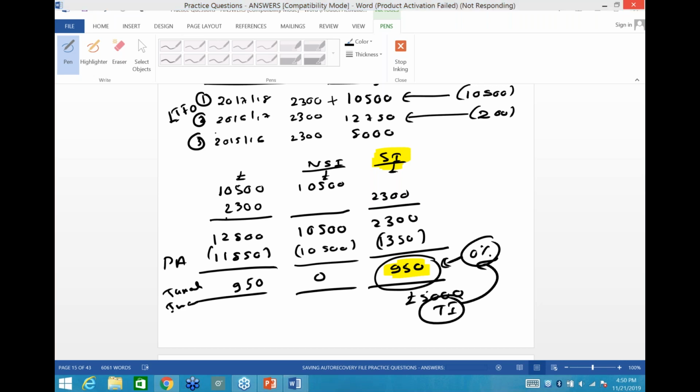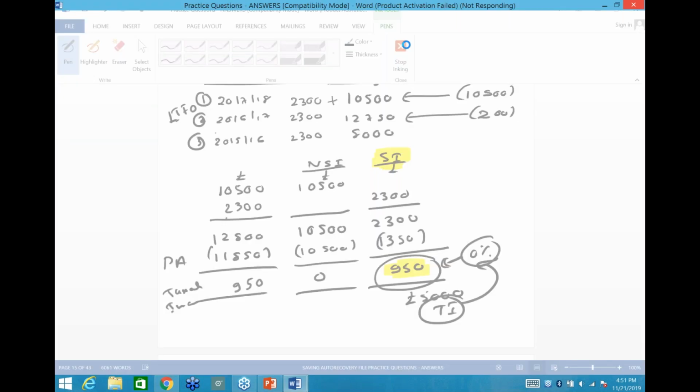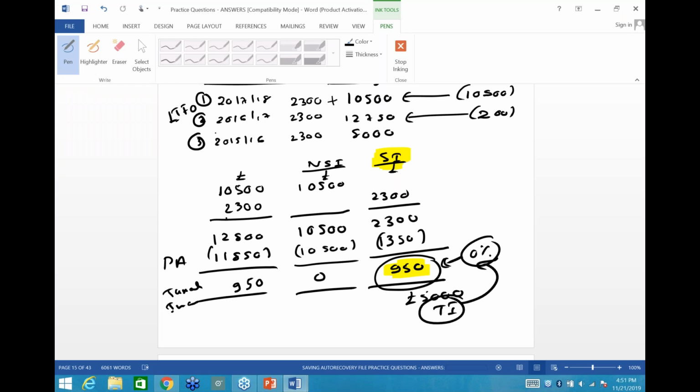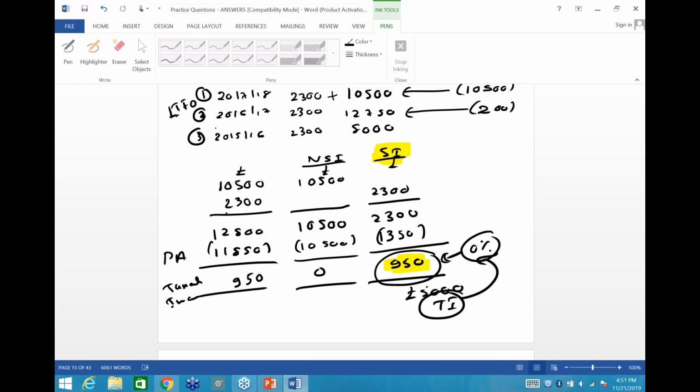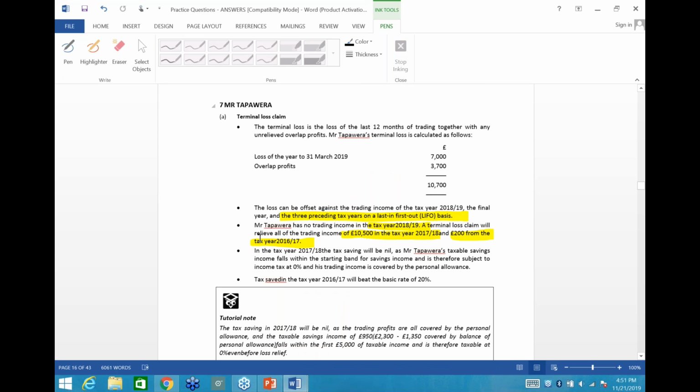Then what should we do? Okay, so terminal loss relief doesn't give us any benefit. That is why in this question, in the answer, they say in the tax year 17-18, the tax saving will be 0, as Mr. Tapp's taxable savings income falls within the starting band, that is 5,000 income, and therefore is subject to income tax at 0%.